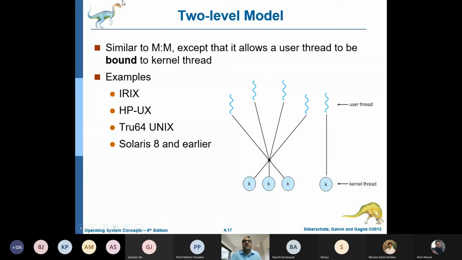This is known as the two-level model, which supports both many-to-many and one-to-one mapping. But the one-to-one mapping is for a limited sense, only for specific threads. For the remaining cases, it supports the many-to-many model. So these are the different ways in which user level and kernel level threads are mapped.